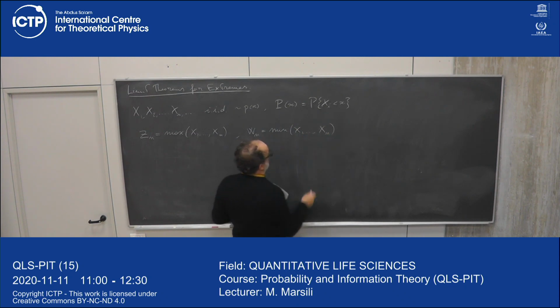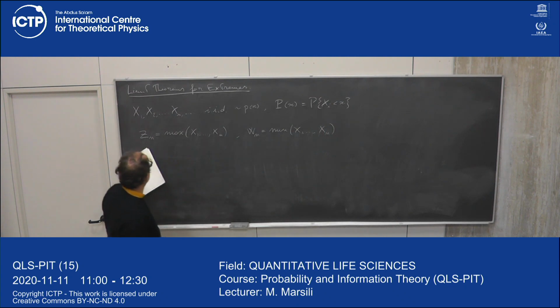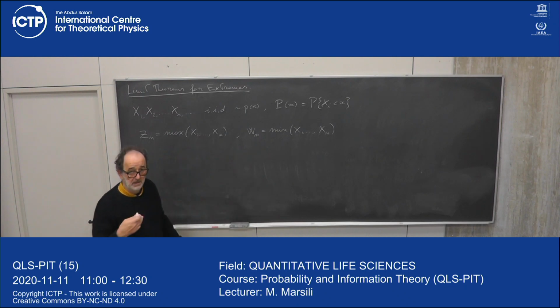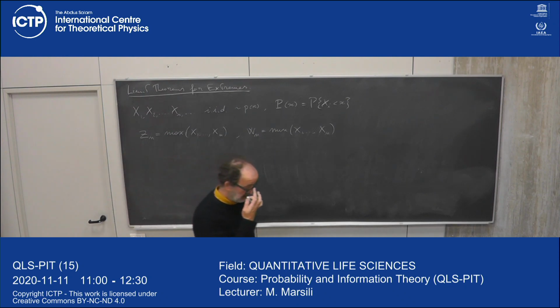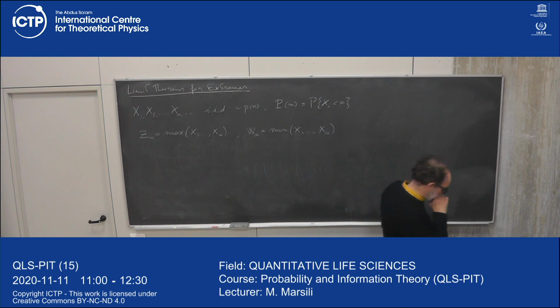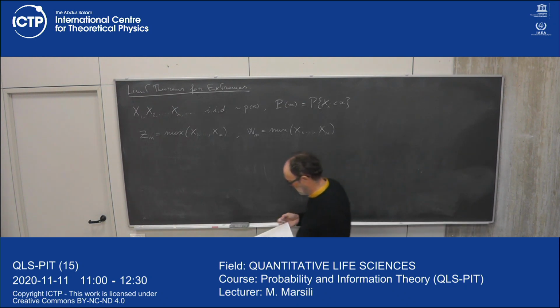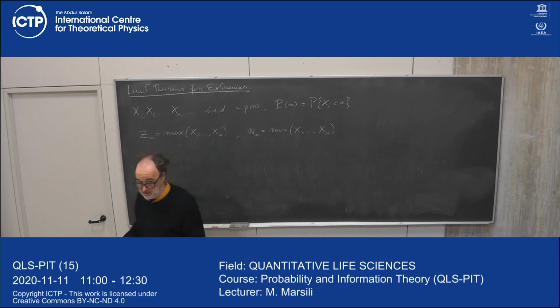And we want to characterize these random variables when n is very, very large. By this, we mean that we want to understand how big they are and what their distribution is when n goes to infinity.